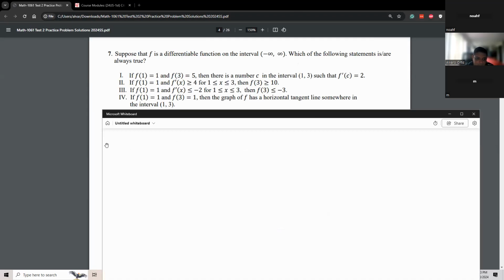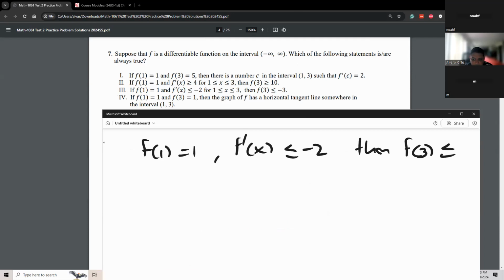So this is saying f of 1 equals 1 and f prime of x is less than 2. Then I want f of 3 to be less than 3. Notice that I already have a hypothesis, and I want to know if this is true. So what is the mean value theorem saying?